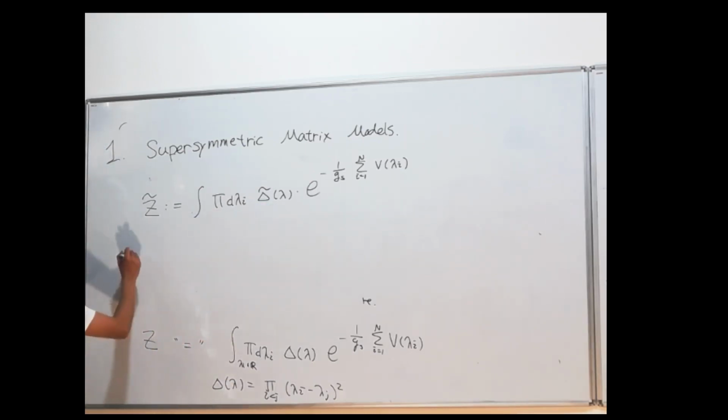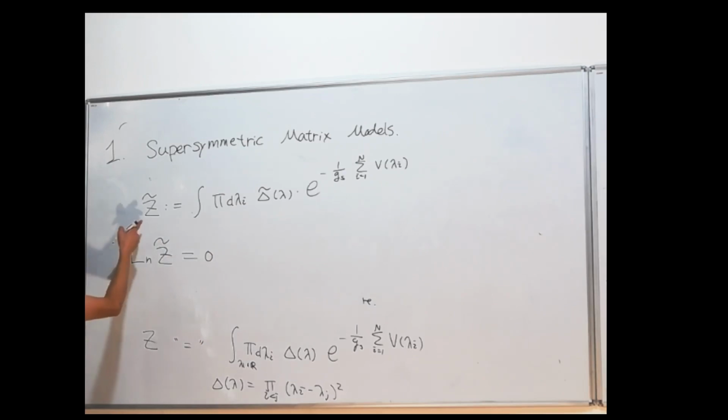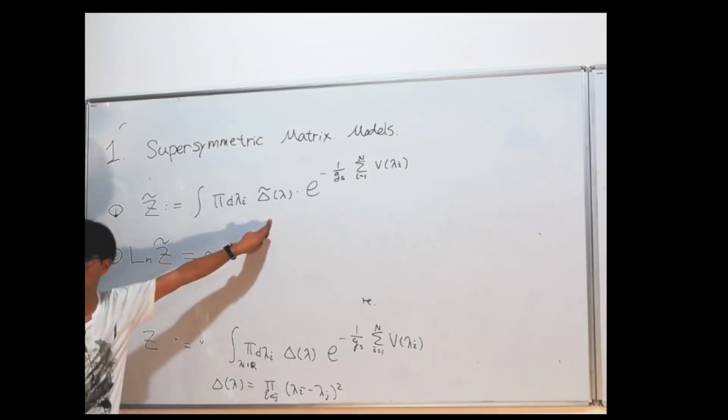Now I ask, what condition is there? Then I impose this. So step 1, you just think about this formal object. Step 2, you impose this condition. And then you ask the question, can you uniquely fix this one?